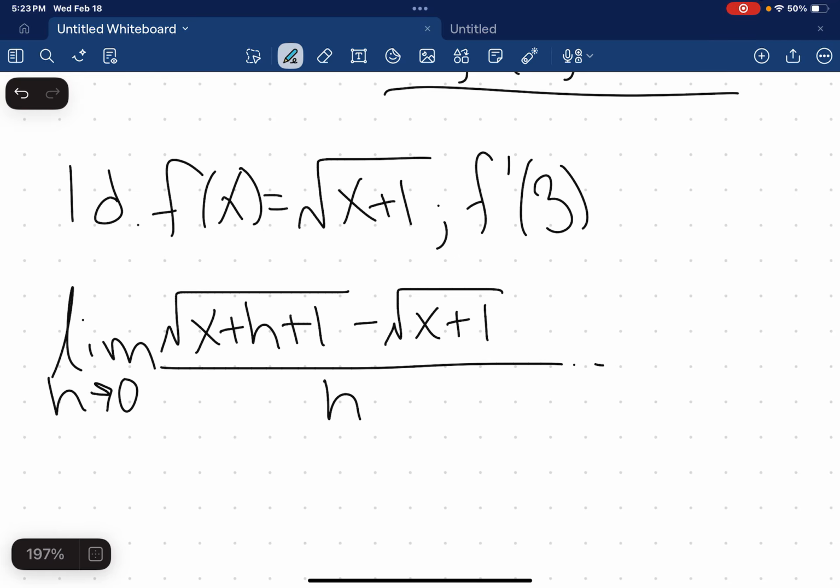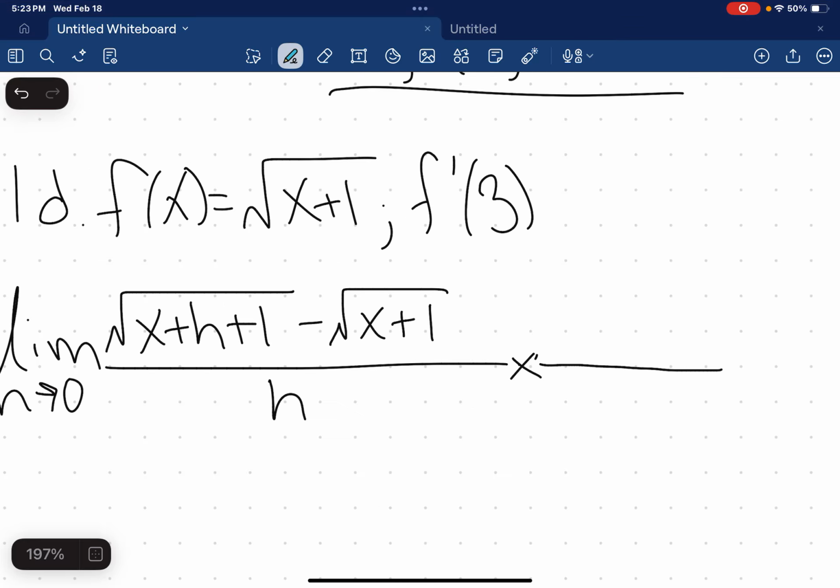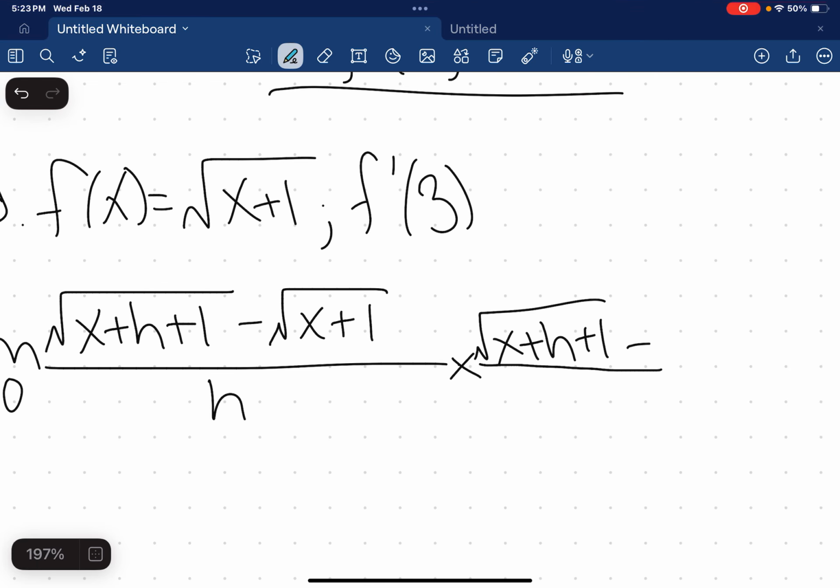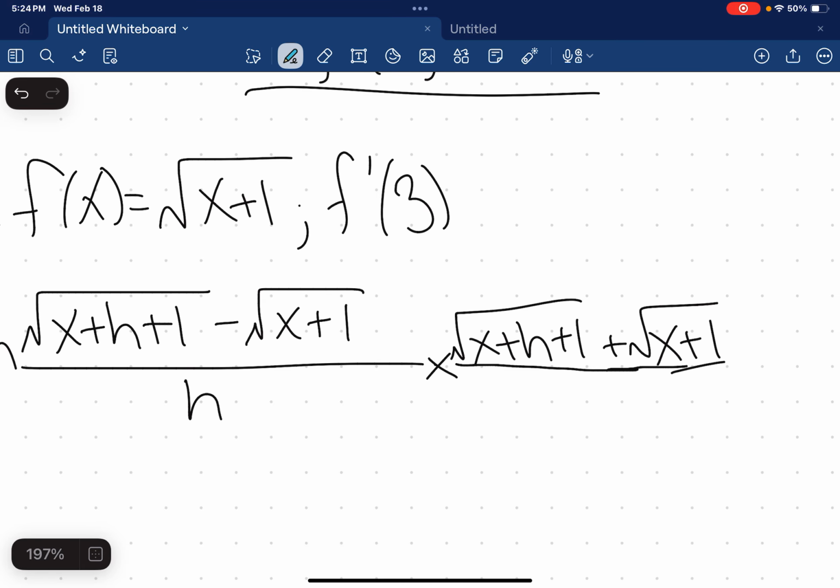In this case, its conjugate is going to be the square root of x plus h plus 1, plus, and that's its conjugate, the square root of x plus 1. Remember, anything we do to the numerator, we do to the denominator.